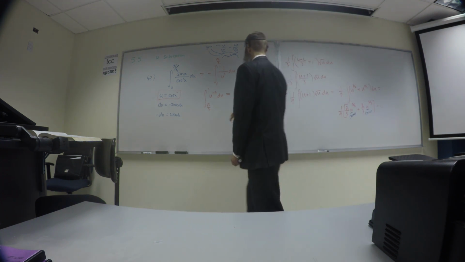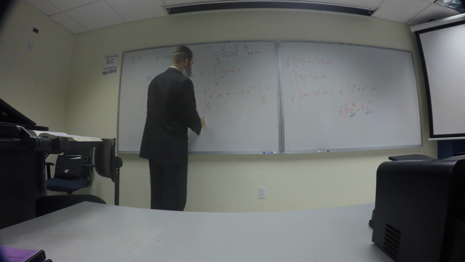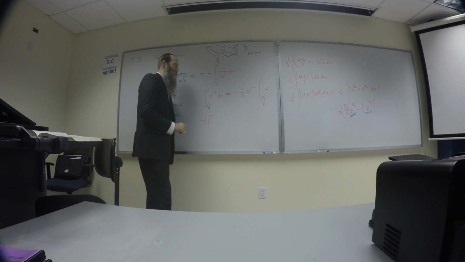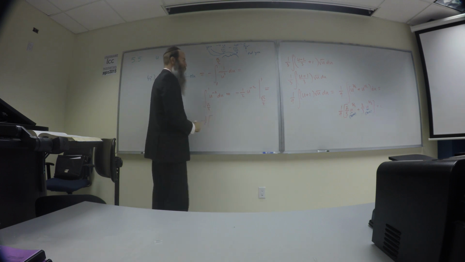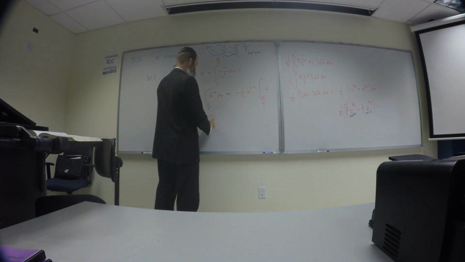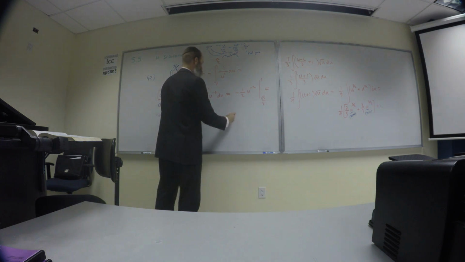So equals, I'll leave the negative 1/2 on the outside of the whole thing. And now on the inside, I'll have 1 to the negative 2 power, minus root 2 on 2 to the negative 2 power. Agreed?